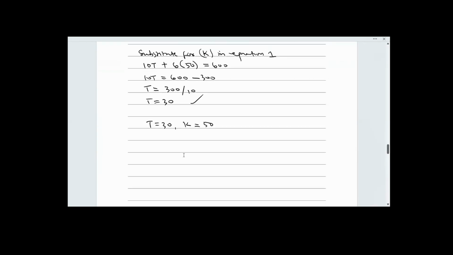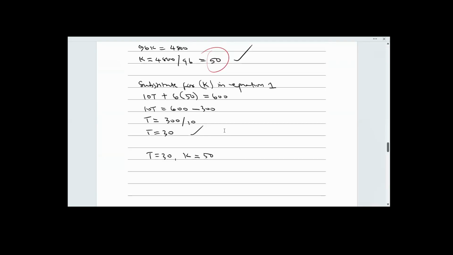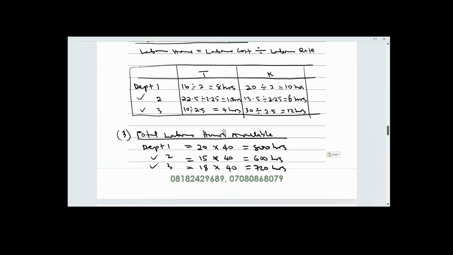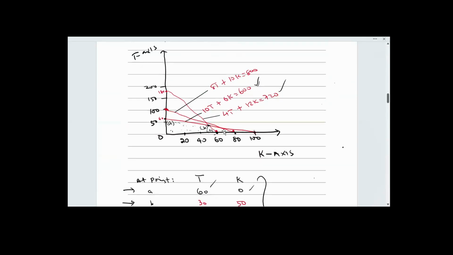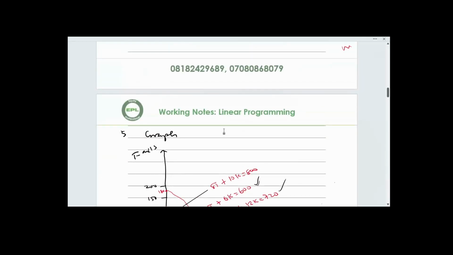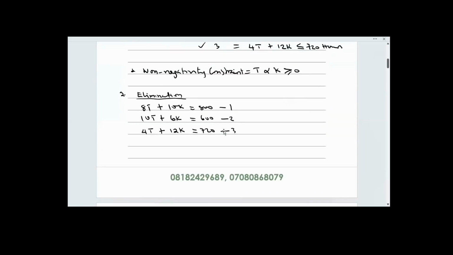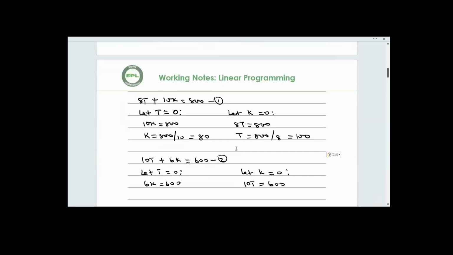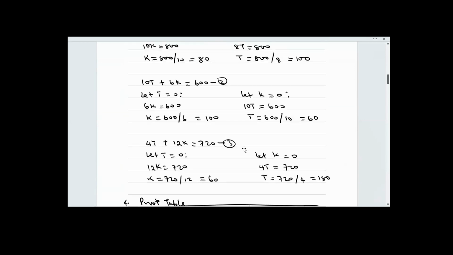Okay, let's see. So the next thing we need to do is a step I stopped at, without even labeling. Graph is number 5, pivot table number 4, elimination number 2. Step 7, this is supposed to be 3. This one's supposed to be 3, not 4.